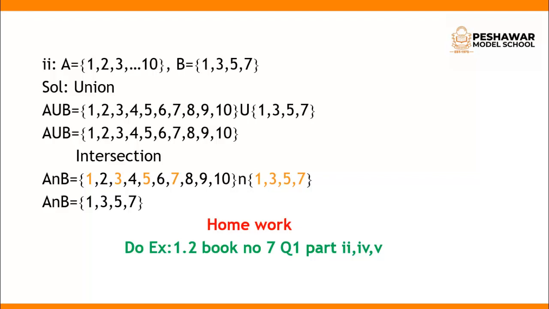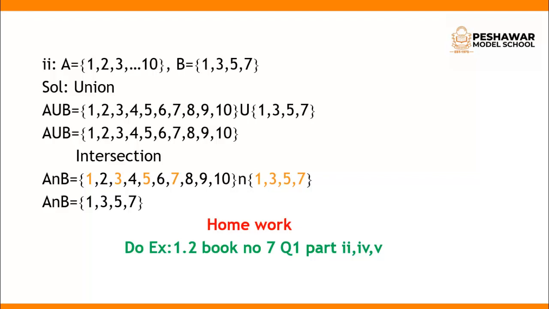Now we have to find the intersection. The word intersection means common. You write A intersection B. First write set A, 1, 2, 3, 4, 5, 6, 7, 8, 9, 10, intersection, and the elements of set B are 1, 3, 5, 7. When we find the intersection, we take the elements which are common among both sets.